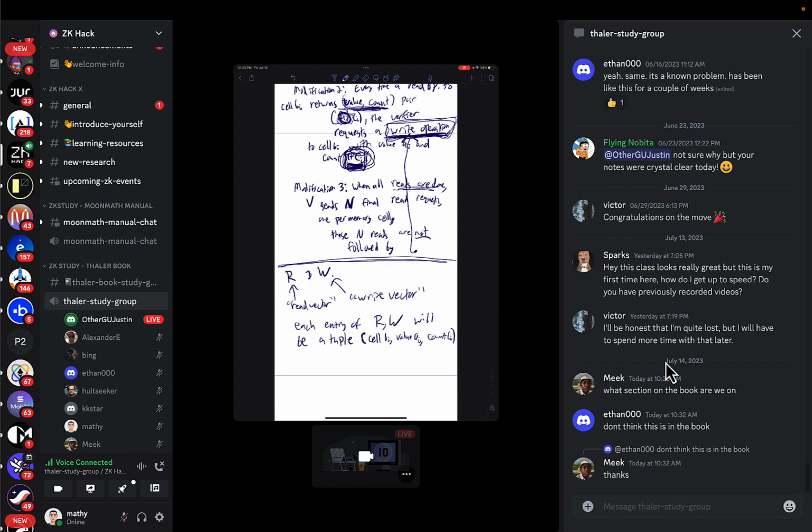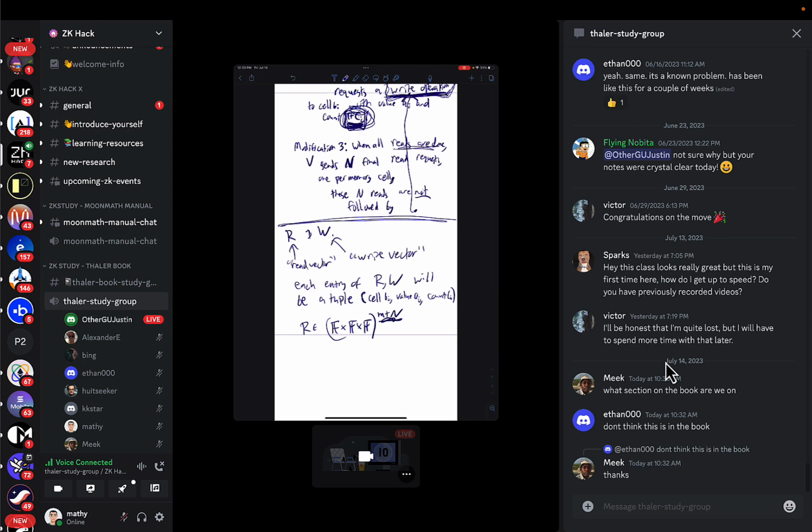So R and W are in field by field by field to the n plus n, because they each contain n plus n three-tuples.